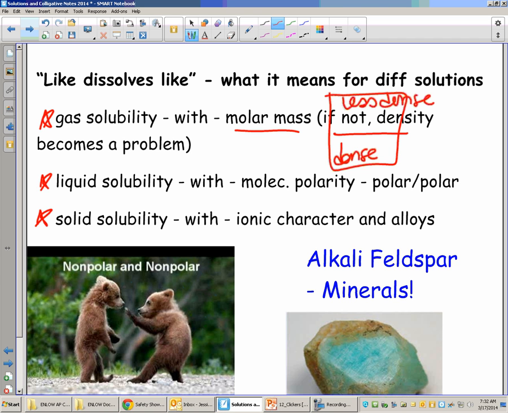So a lot of times they do mix together, no problem at all, unless their densities are vastly different. Liquids usually will dissolve in one another, but what you're looking at for the like dissolves like criteria is molecular polarity. And then the solids, it depends on if ions can attract ions. So you know how you can make coordination compounds. That's not just one ion and another ion.